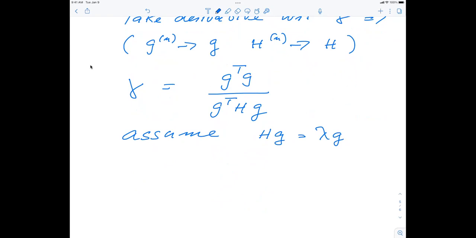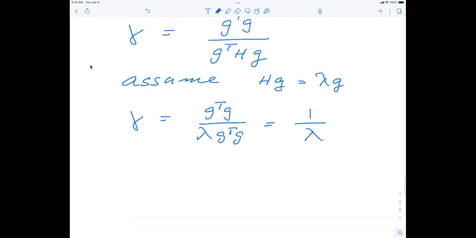If that is the case, then gamma is equal to g times g divided by lambda times g, and that's simply 1 over lambda. Now you know that the matrix has some maximum and some minimum eigenvalues. So in our case, gamma min is 1 divided by lambda max, and gamma max is equal to 1 divided by lambda min.